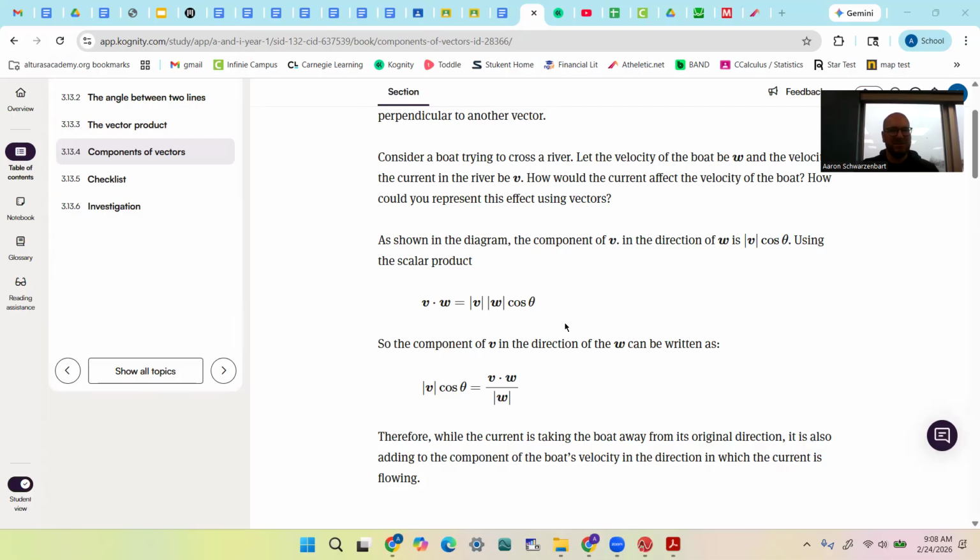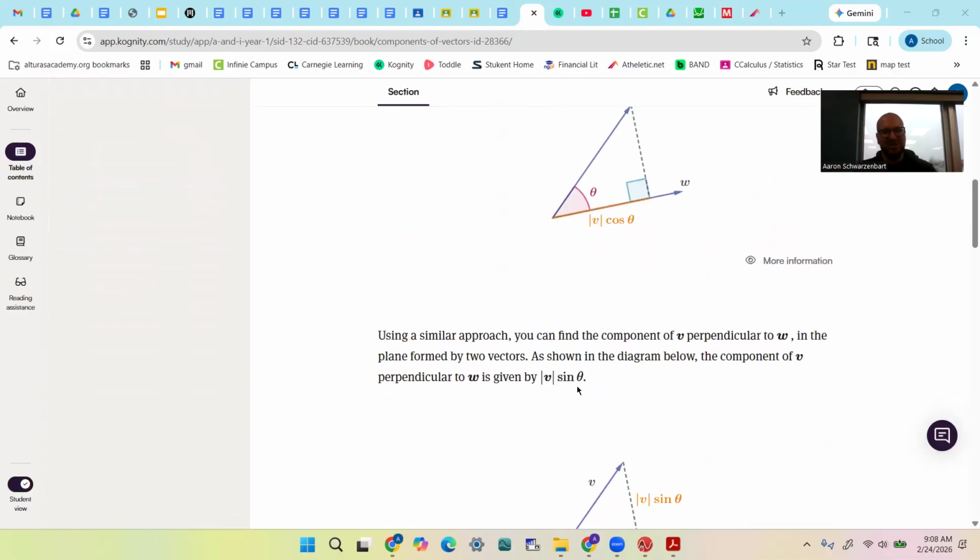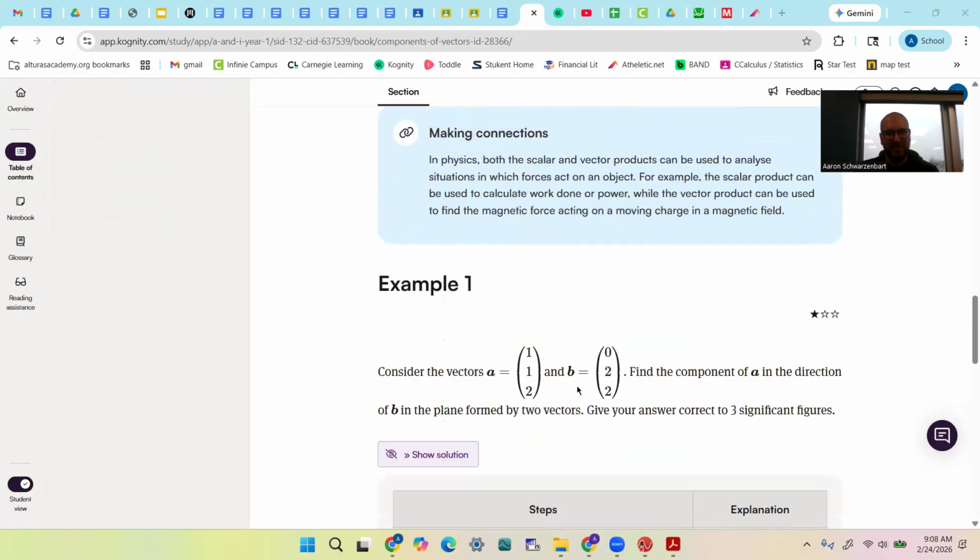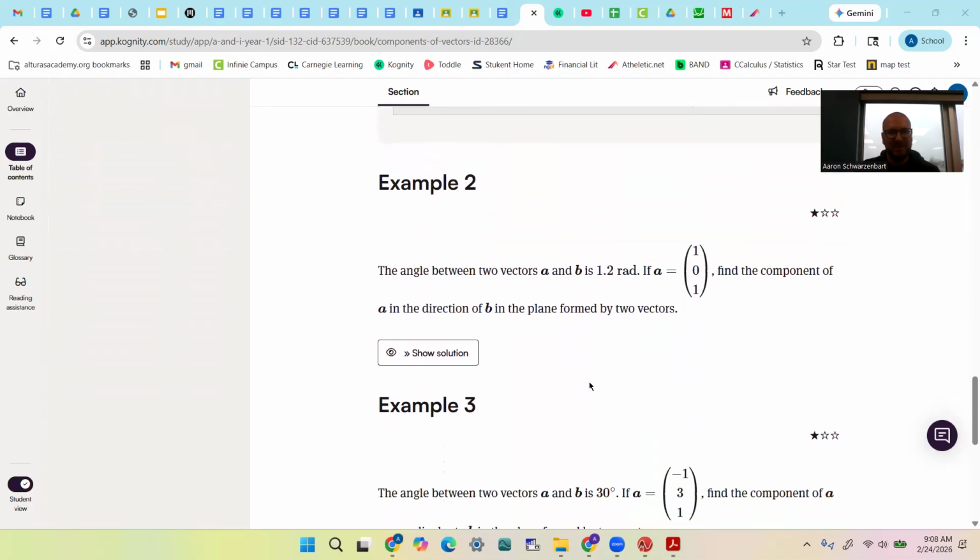Yeah, the magnitude parts, the angles. So the angle between two vectors A and B is 1.2 radians. Find the component of A in the direction of B. So basically B is on the x-axis, and A is something above it.